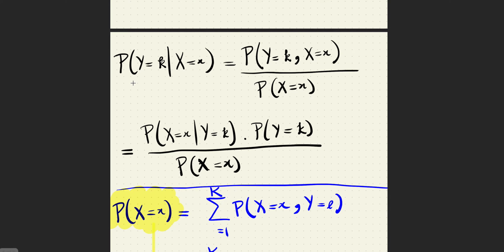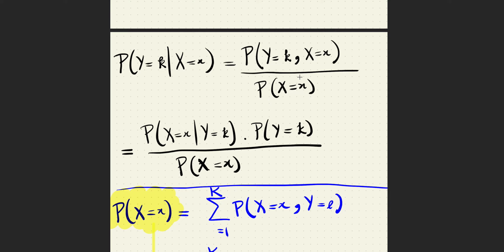This is Bayes. We want to find the conditional distribution of the response given the predictors. This can be written as the probability of y being equal to k and x being equal to little x, divided by the probability of x.